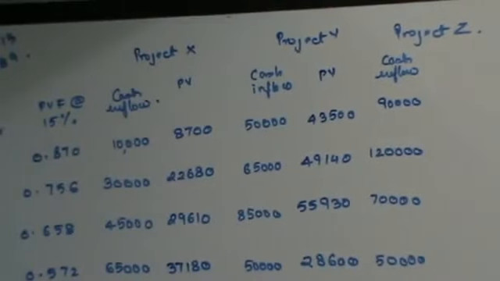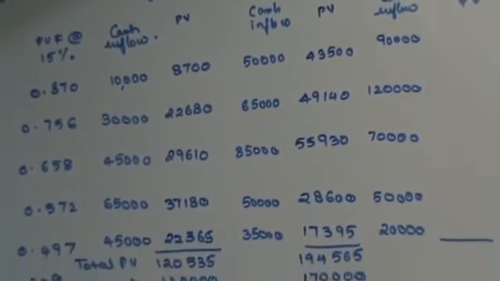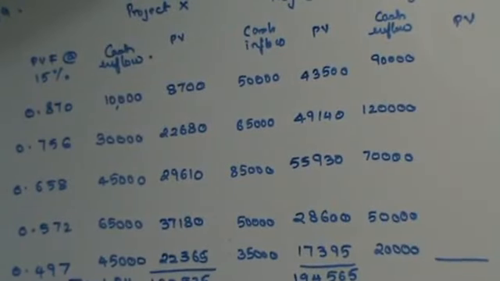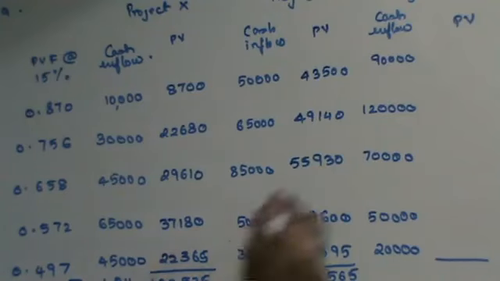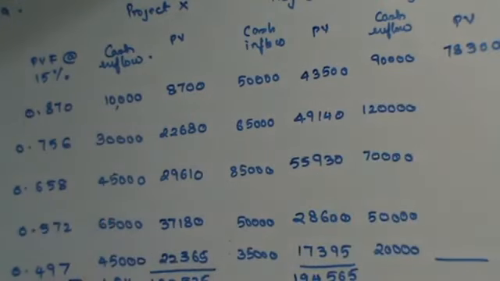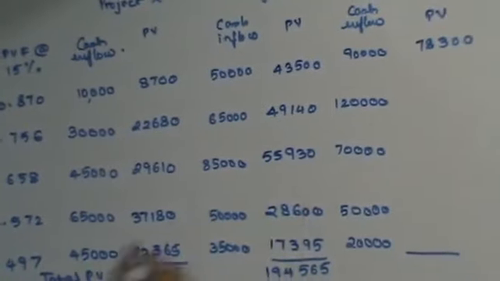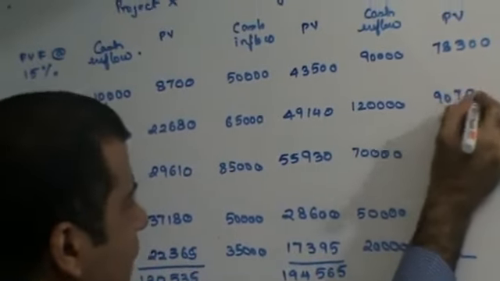Same way, let's work with project Z. Cash inflow is given, you have to find out present value. Present value is nothing but cash inflow into present value factor. So it is going to be 90,000 into 0.870, which is 78,300. 1,20,000 into 0.756, which is 90,720.